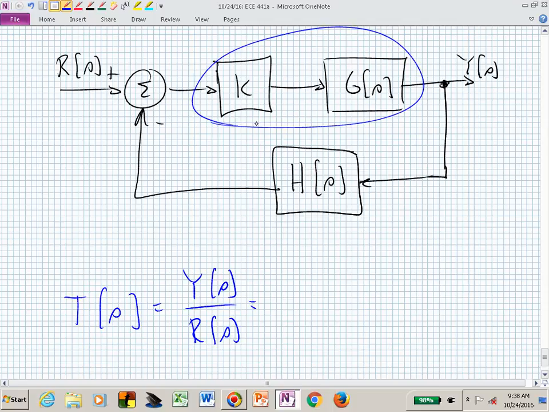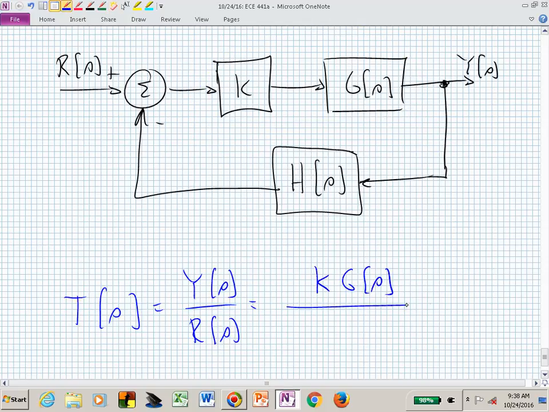This is now our generic G, isn't it? So we have G over 1 plus GH. We can now write that as K times G of s over 1 plus K times G of s times H of s.